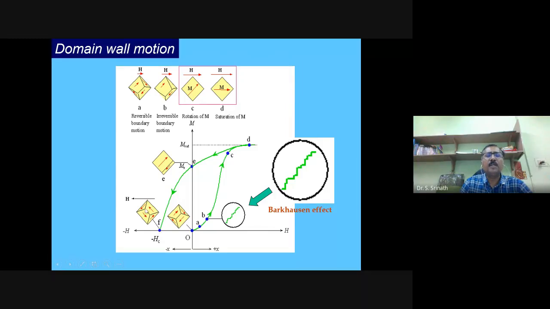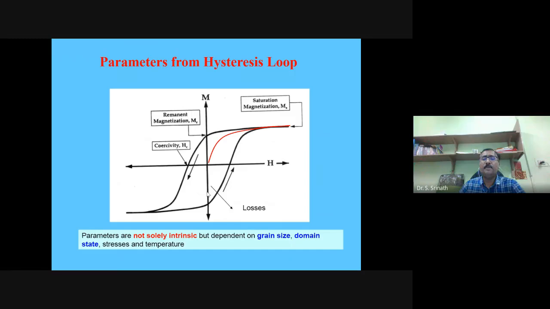Because of the field being in the opposite direction, again the domain nucleation will take place, which will minimize the energy, with domains parallel to the field and opposite to the field. So again you go back to the 0 state. Then further increase in the field will again replicate the same procedure, and then you will get something called a hysteresis curve. You see such a beautiful hysteresis curve.